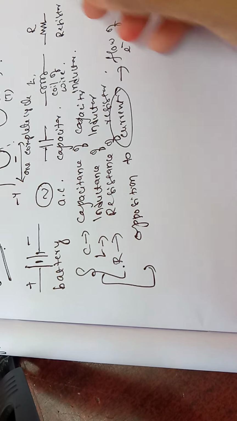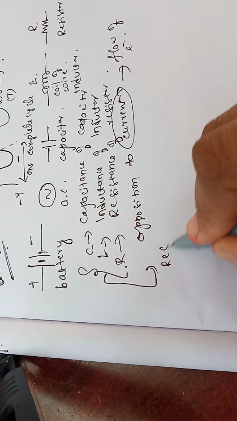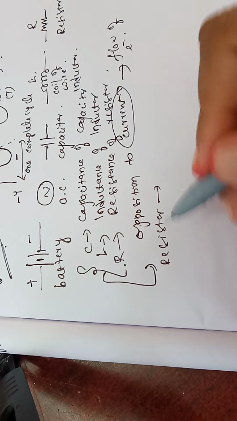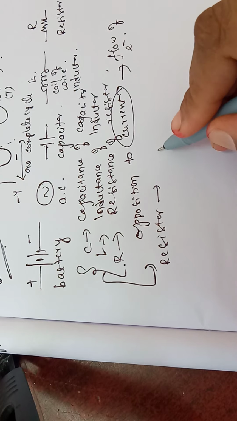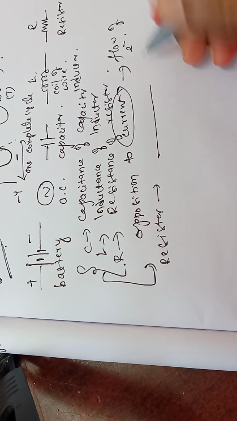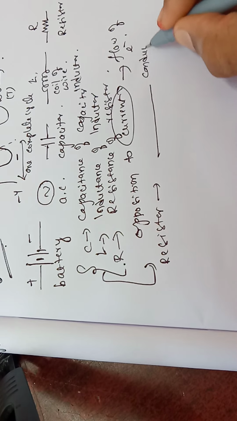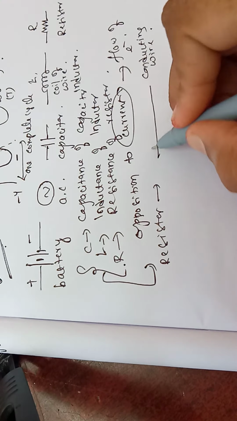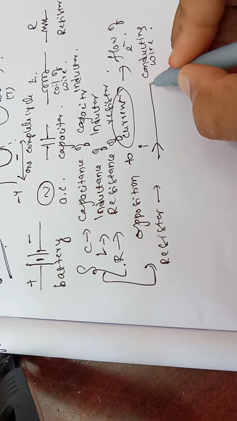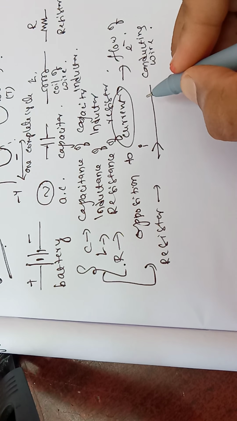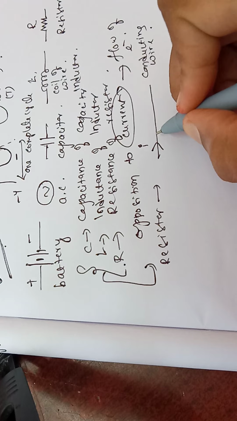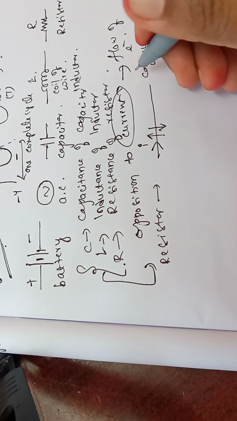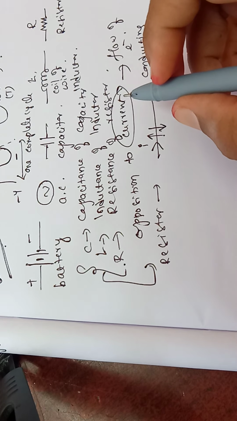Now let us see how a resistor opposes the current. Let this be the conducting wire. When current enters the conducting wire, the atoms in the wire start vibrating about their mean position.